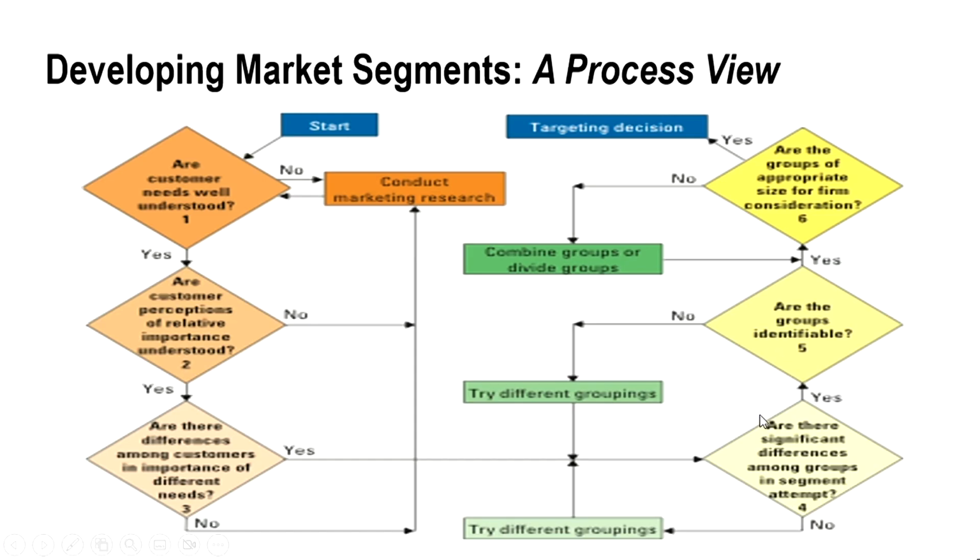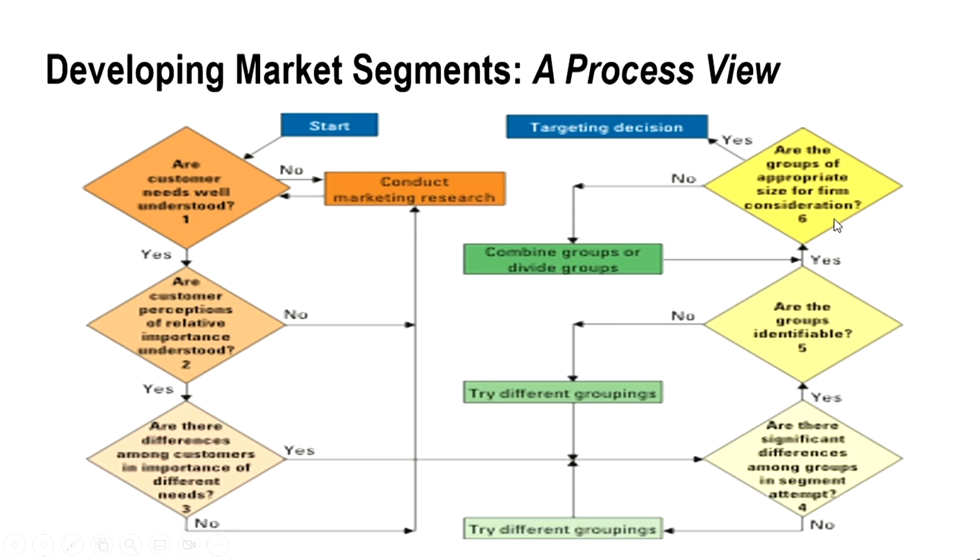If the answer is yes, then you go forward to the next stage. If no, then you go back to create different groupings. The left hand side, these three blocks, are important with respect to segmentation, and the right hand side blocks of the flow chart are important for the targeting decision.